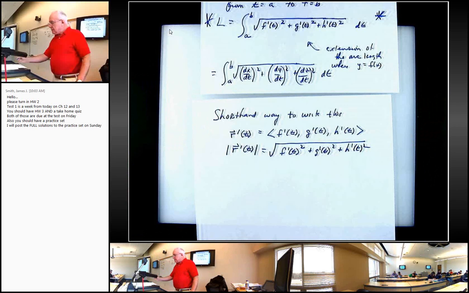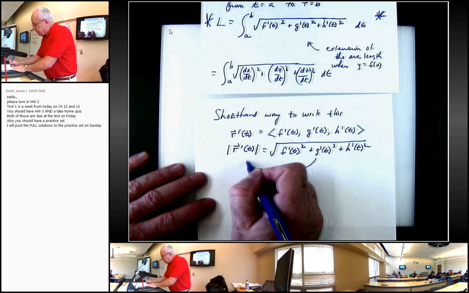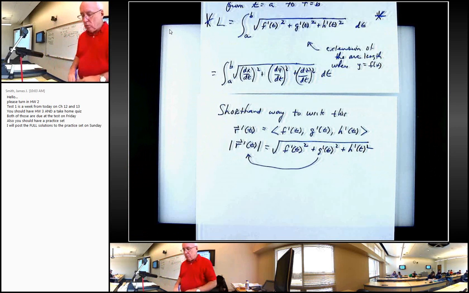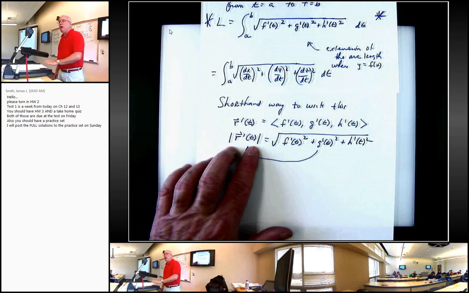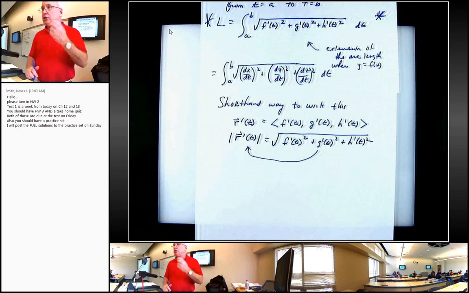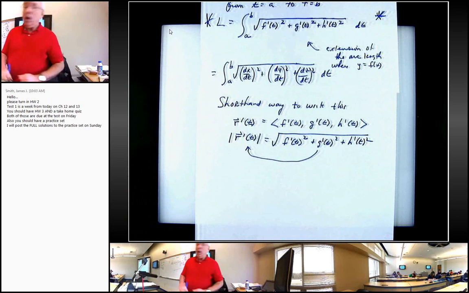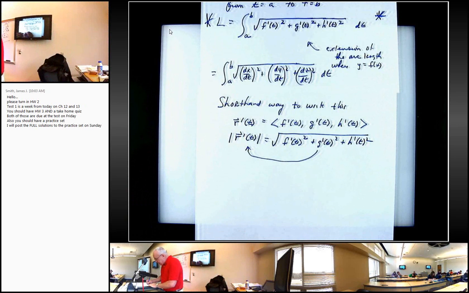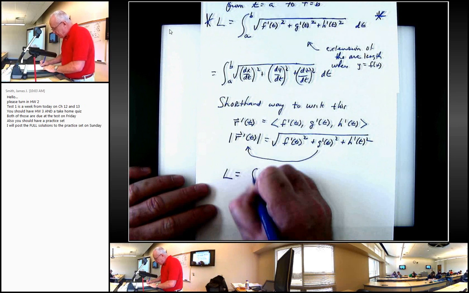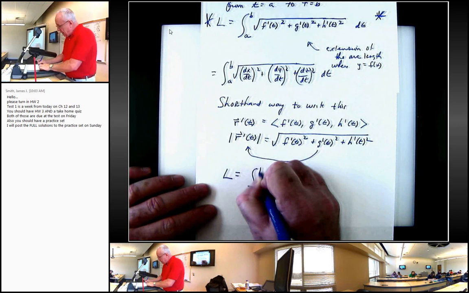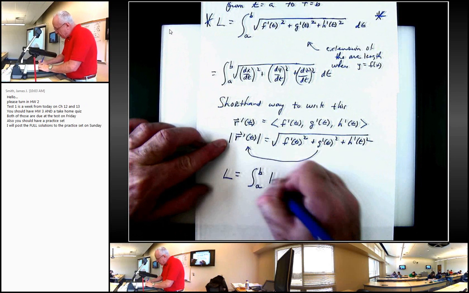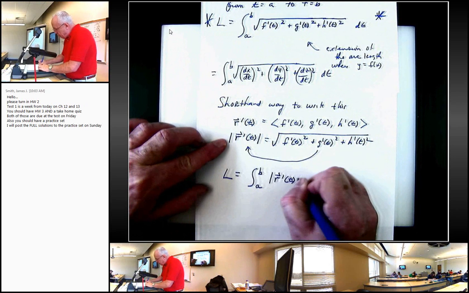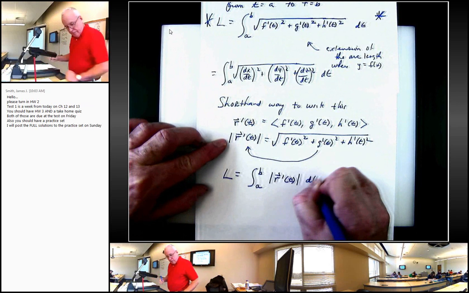So this whole expression can be written more quickly by just writing it as the magnitude of the tangent vector, which is the derivative vector. All right, so therefore we could say L is equal to the integral from a to b, and I'm going to replace this big thing with just the magnitude of r prime dt. Okay.